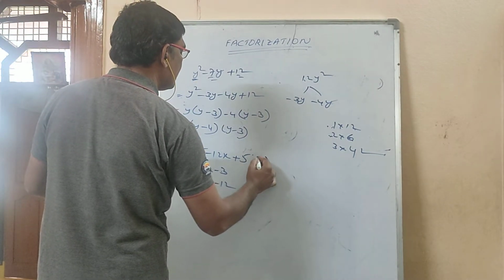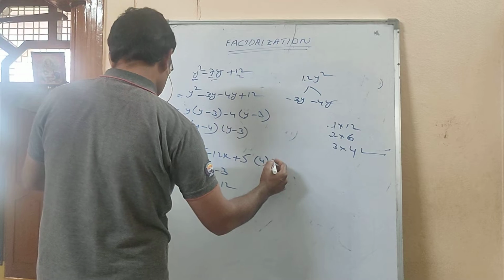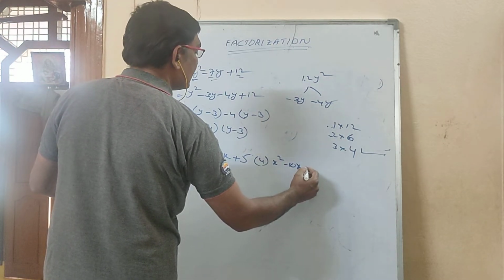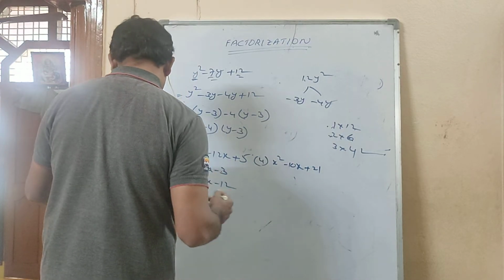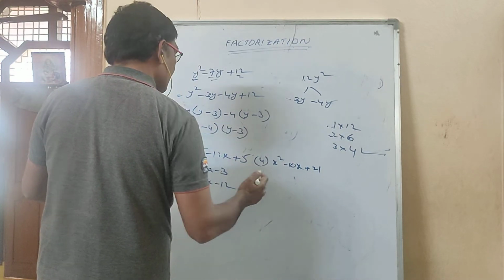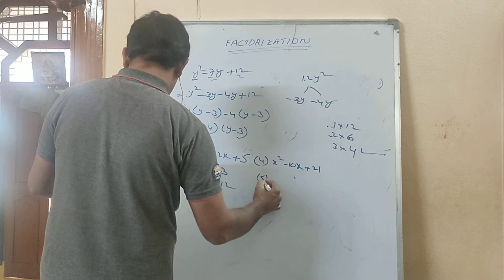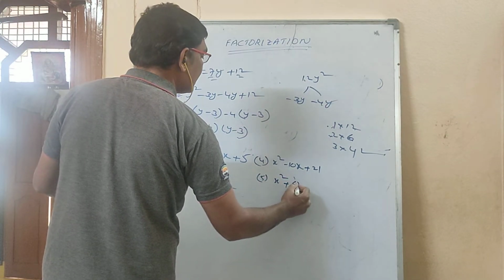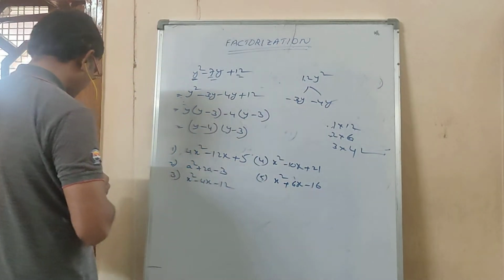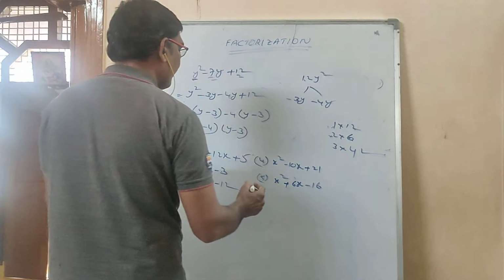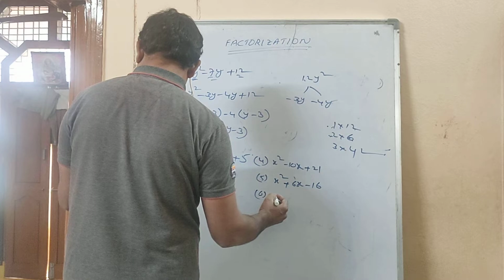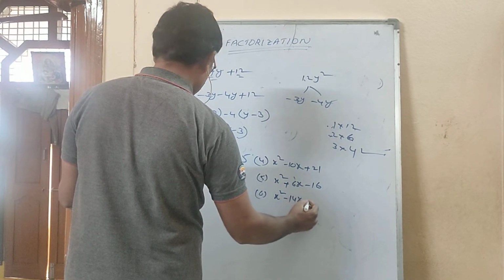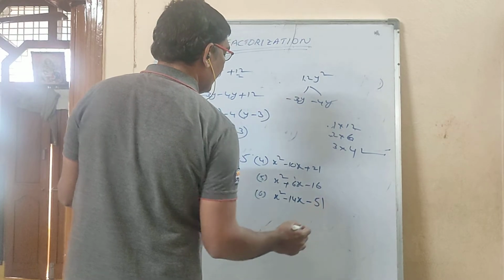And fourth question is x square minus 10x plus 21. Next, fifth question is x square plus 6x minus 16. Sixth question is x square minus 14x minus 51.